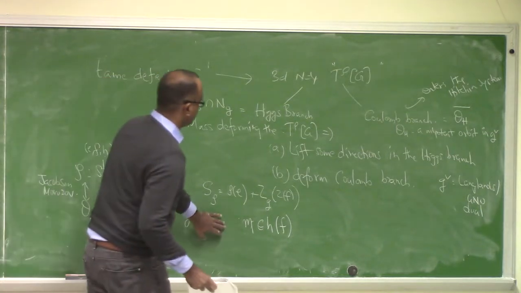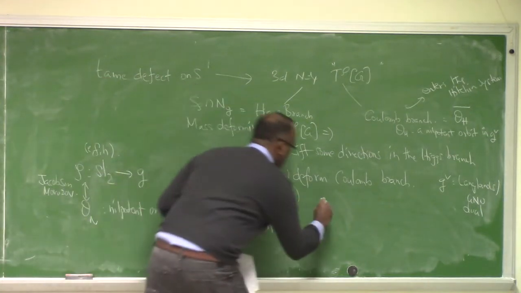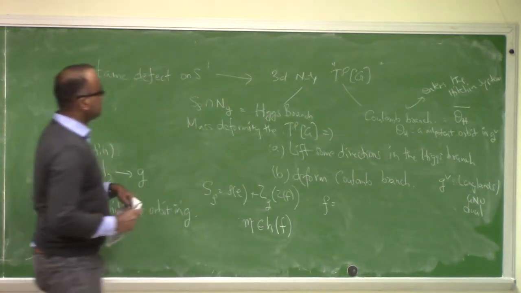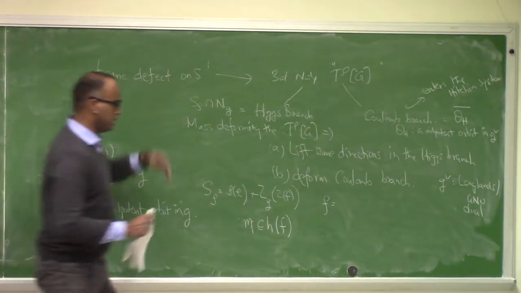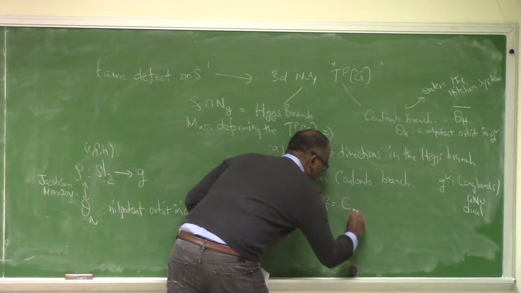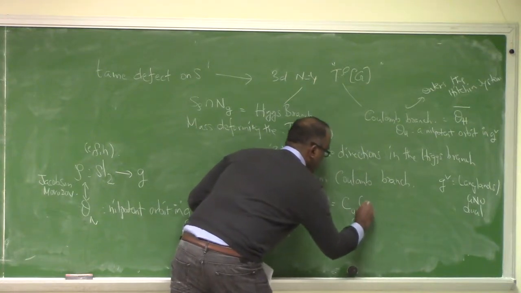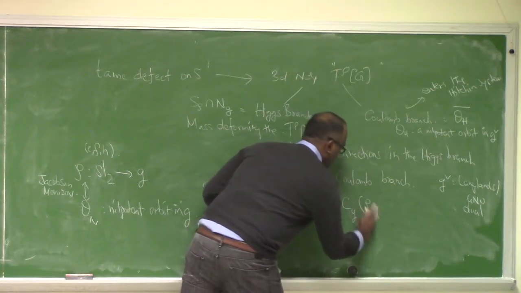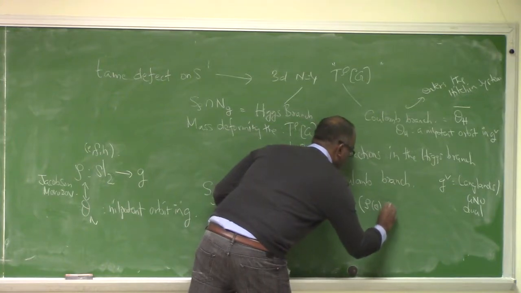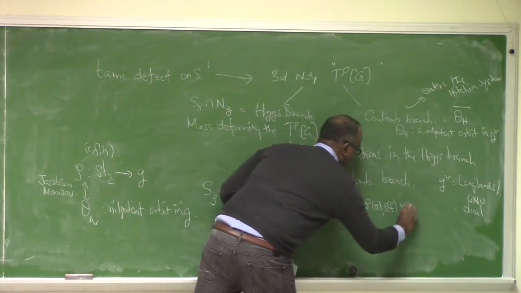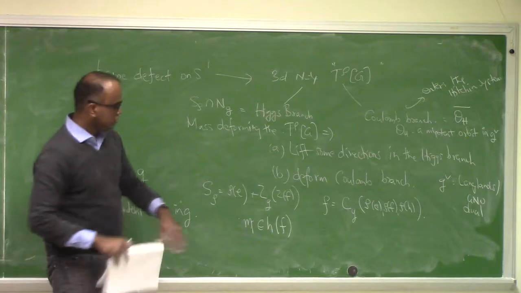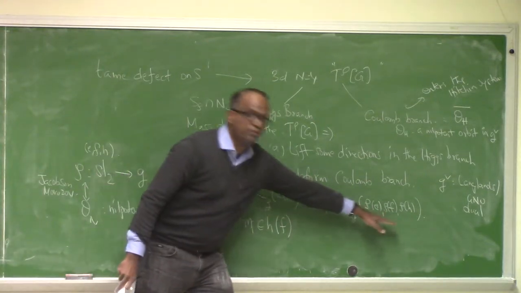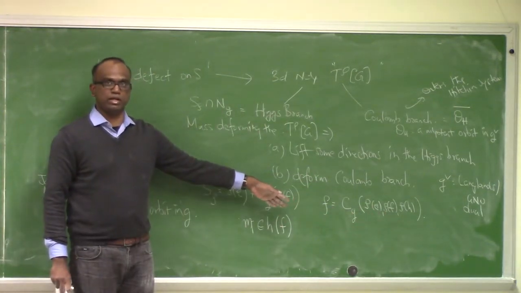So what does the flavor symmetry do? First of all, the flavor symmetry is defined in terms of the Higgs branch data in the following way. It's nothing but the centralizer in G of the entire SL2 triple. Note that this is defined purely in terms of Higgs branch data.